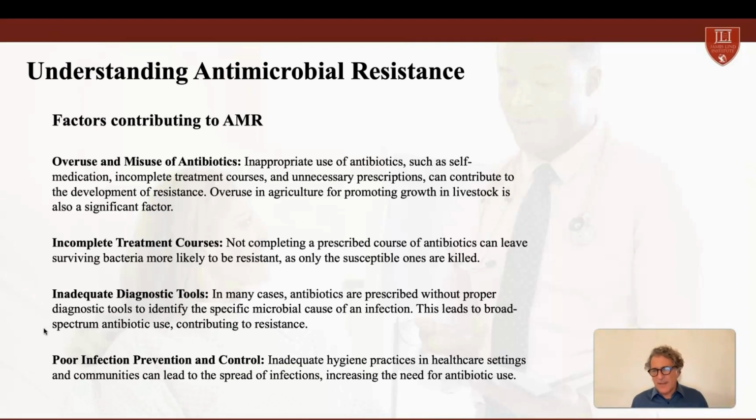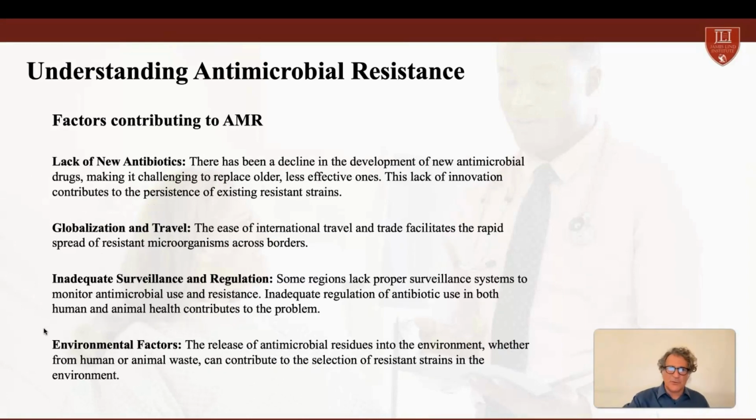The magnitude of the infection can also be higher than, for example, in a country with strict hygiene practice or strict hygiene protocols inside the healthcare system or the hospital. So there are different factors that contribute to the development and increase of antimicrobial resistance.